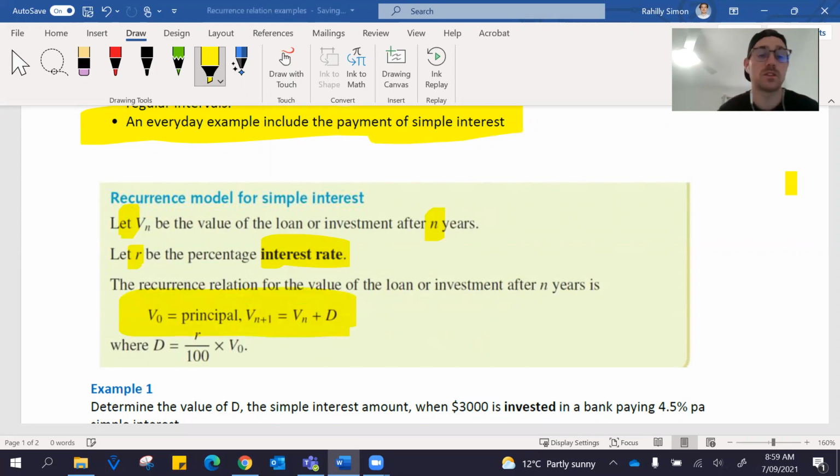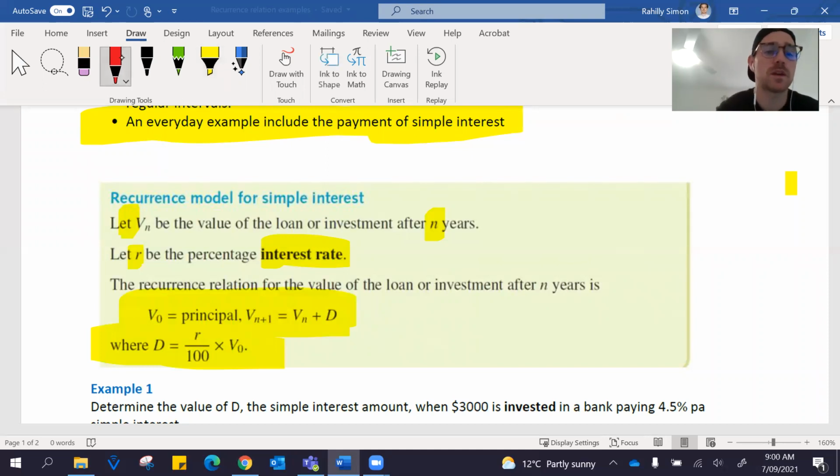So V0, which is the principal, so the very beginning, the loan amount or the investment amount, Vn+1 equals Vn plus D, where D is the rate over 100 times V0. So that's basically working out what our interest is per year, or how much we're paying back in interest. So that's the increment that we're going up or down by every year.